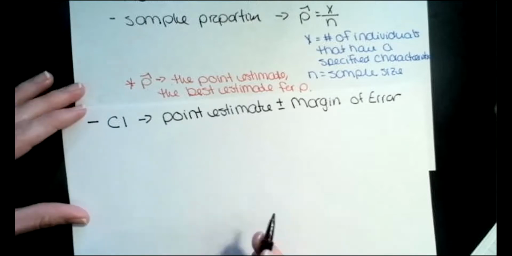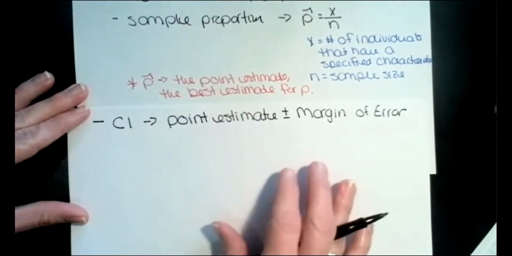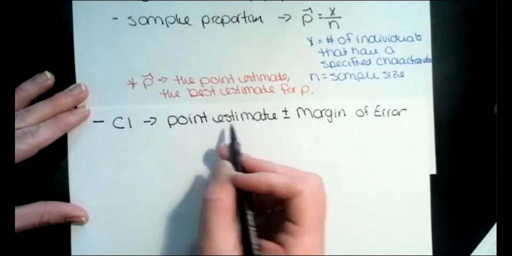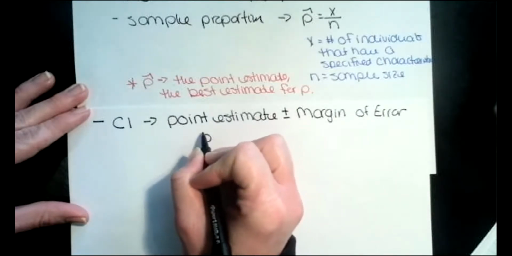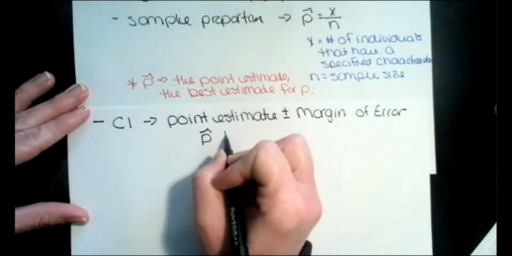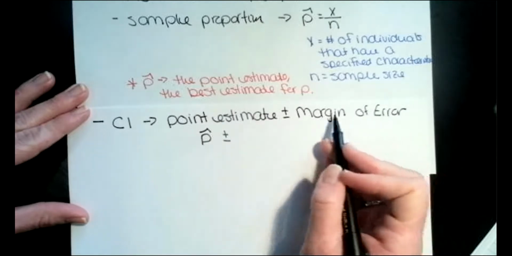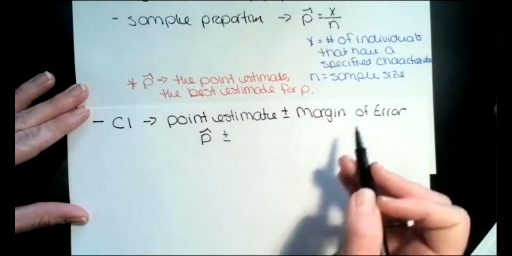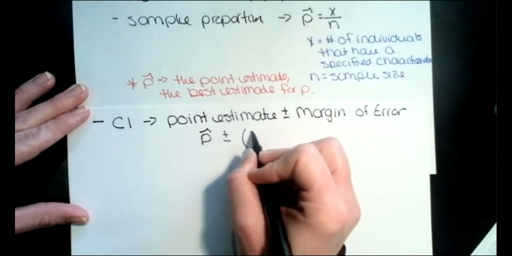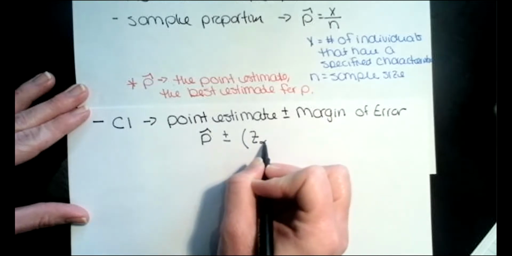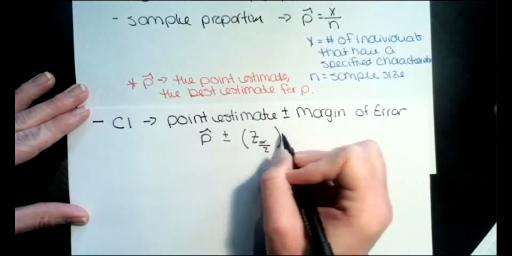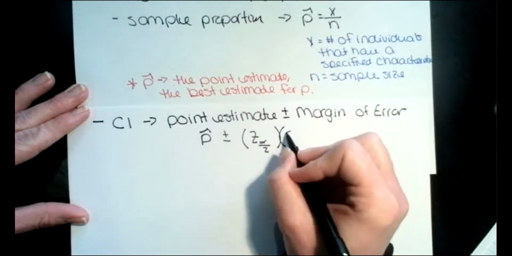So here today, for the CIs for the population proportion, our point estimate is our best estimate. That's our p hat plus or minus. Now our margin of error is made up of two different values, which is z at alpha divided by 2 times my standard error.